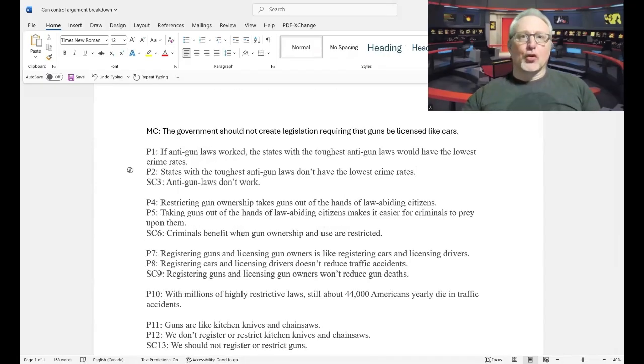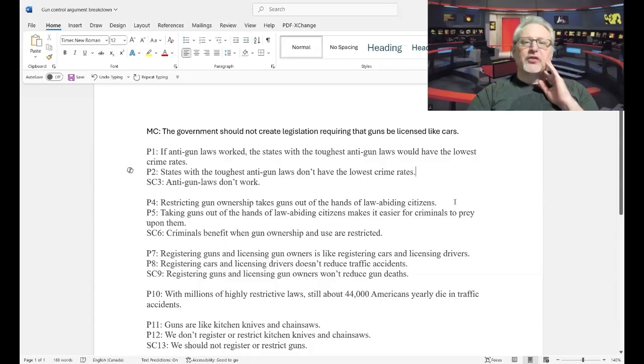Okay, so I have now numbered the premises and subordinate conclusions. And also, while I was doing that, I smoothed out the phrasing of some of them to make the connections a bit more evident. So for instance, down here, premise 4 and 5.